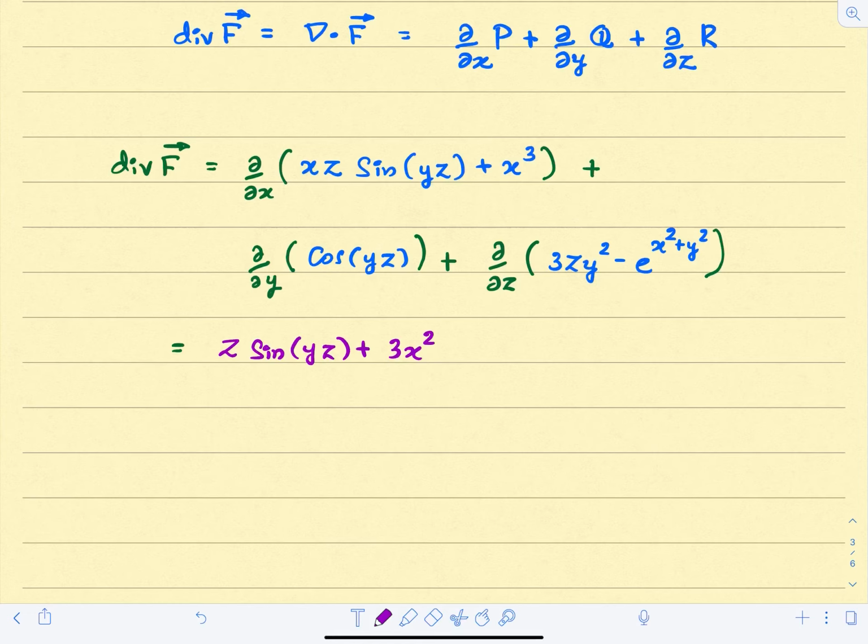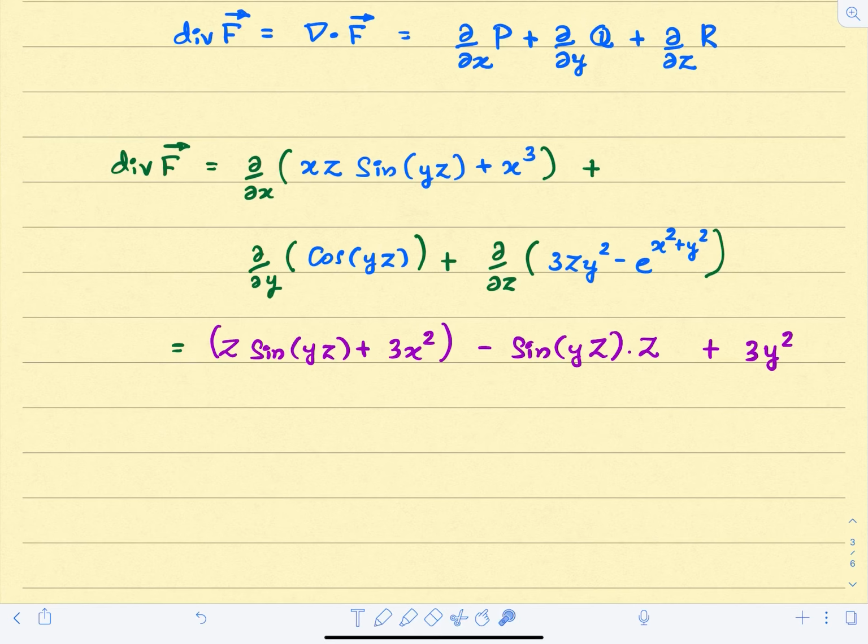And then the derivative of the second component with respect to the y variable: the derivative of cosine is minus sine, so minus sine yz times, now the derivative of the inside part with respect to the y variable gives you the constant z, plus 3y squared.